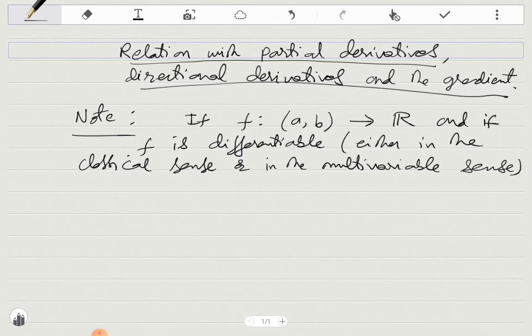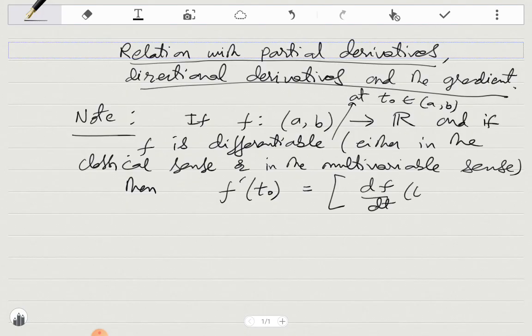If either of these two holds, then f is differentiable, let's say, at a point t naught in (a, b), then f prime t naught as a linear transformation is just the 1 by 1 matrix df by dt at t naught.